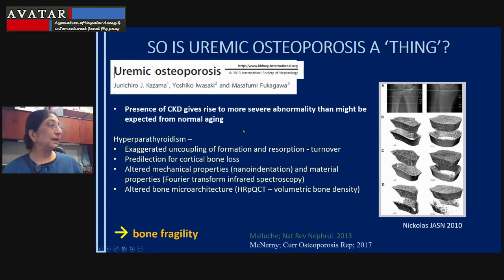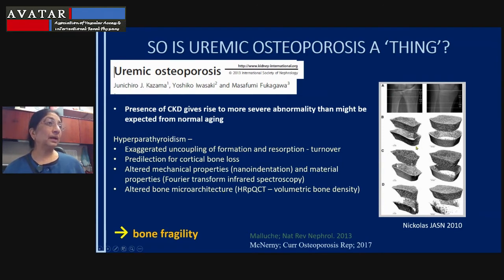And they attributed that to the changes occurring from hyperparathyroidism, which basically would be changes in turnover, a predilection for cortical bone loss, and these changes leading to altered mechanical properties, material properties, and microarchitecture.